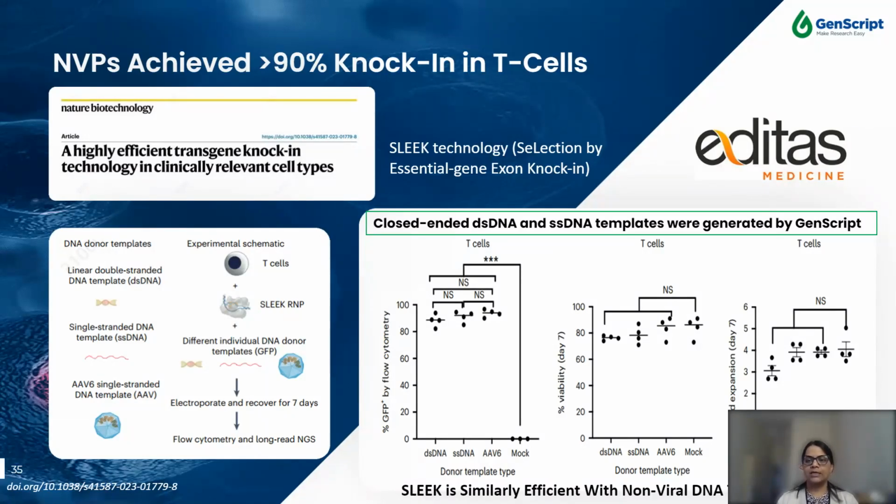However, linear double-stranded dsDNA displays slightly lower viability and expansion on day 7 compared to the single-stranded ssDNA and AAV6, which we can see in this graph. And this close-ended dsDNA linear template was generated by GenScript.